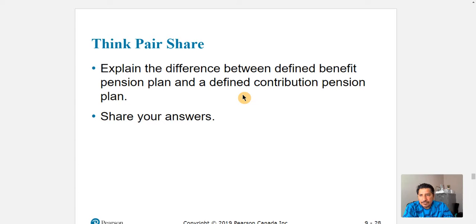And supplementary, if somebody wants to contribute more, let's say double the CPP. Sometimes employees go for double, or they have private retirement contribution plans. So they have 2 deductions on their pay stub, because they want more money to spend once they retire.